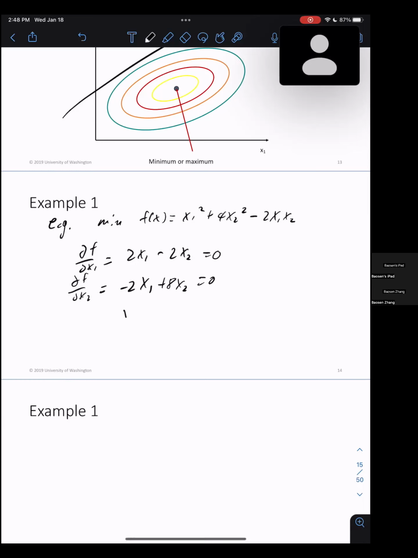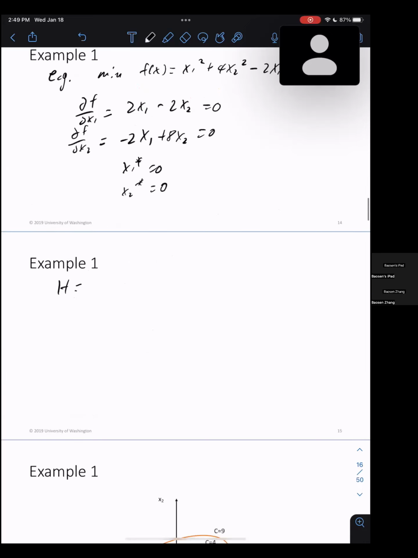Turns out here that you get x1 star equals 0, x2 star equals 0. So 0, 0 turns out to solve this problem. And then next, you want to check the Hessian. So the Hessian here, this is 1 squared.